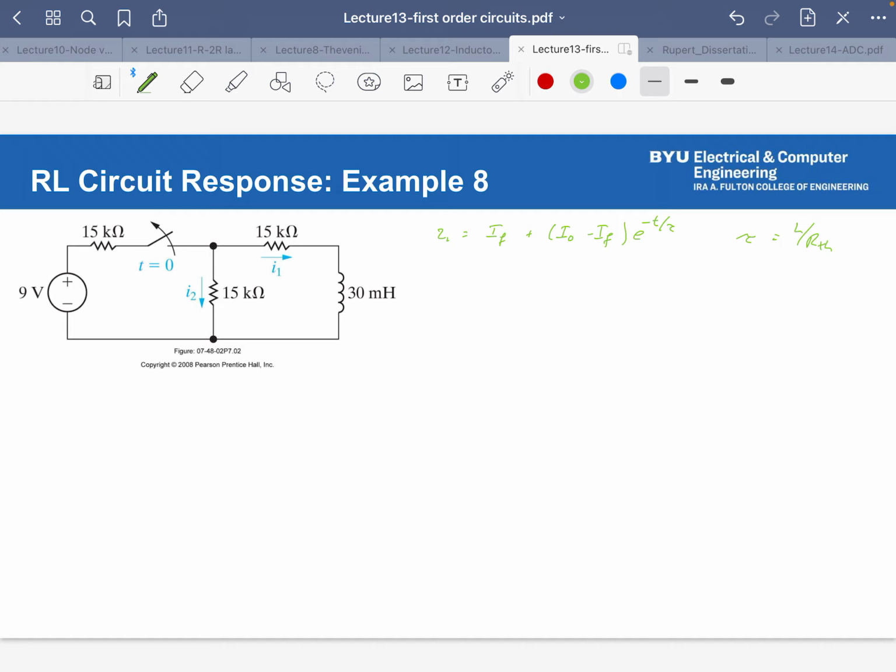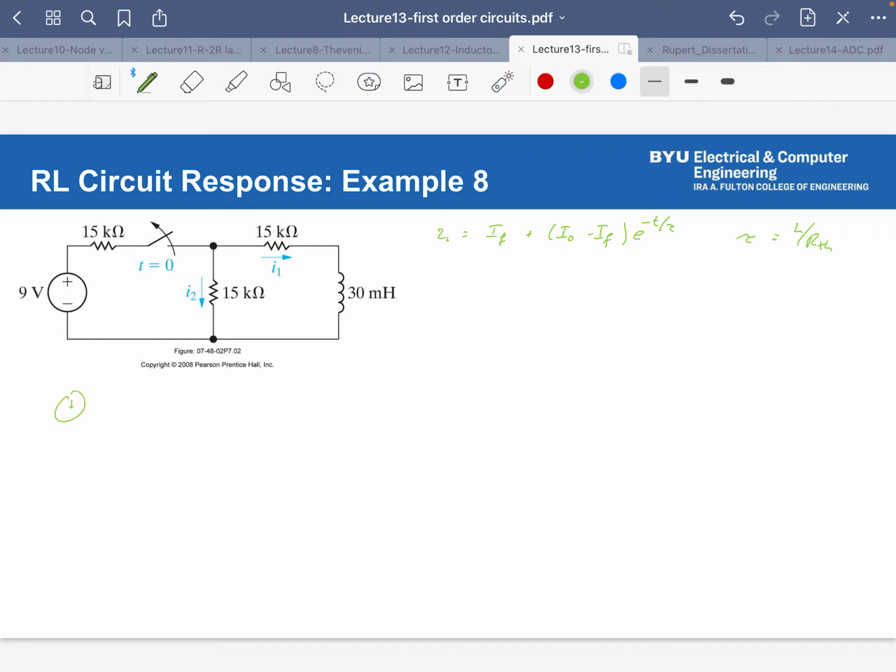So we need to find the initial, final, and the time constant. Before the switch is thrown, it's been there for a long time. So to find that initial current, we think of this as a wire.